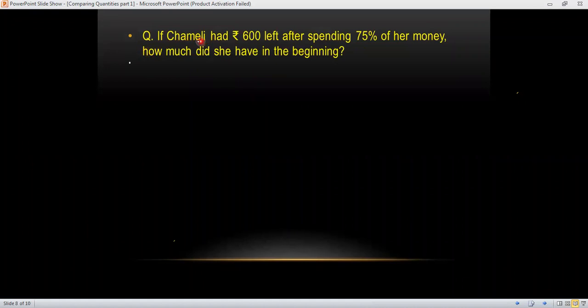If Chameli has rupees 600 left after spending 75% of her money, how much did she have in the beginning? So here we have to find how much money she was having before spending.